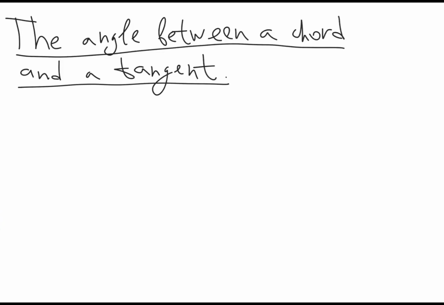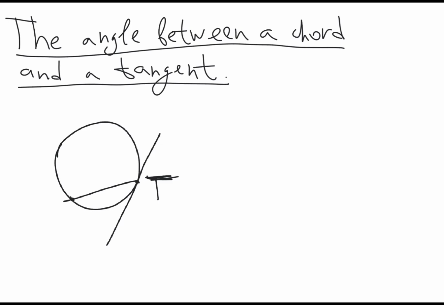Okay, in this video I'm going to talk about the angle between a chord and the tangent. So basically we have a circle here, we have a tangent at some point T, and we have a chord connecting the point T to some other point A on the circle, and we're interested in this angle between the chord and the tangent.